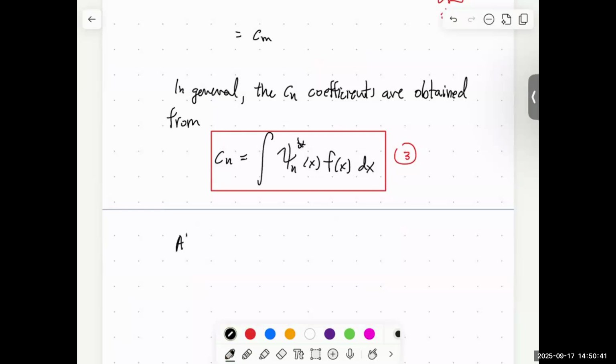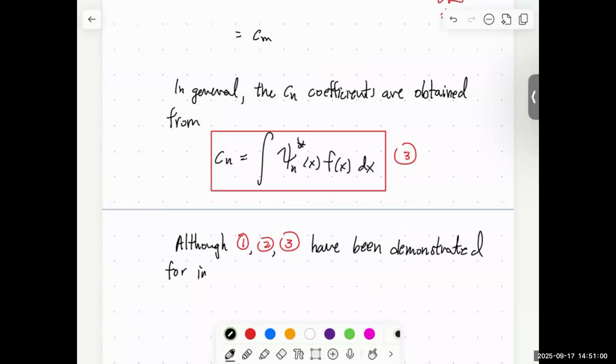So although 1, 2, and 3 have been demonstrated for the infinite square well, these properties hold generally.